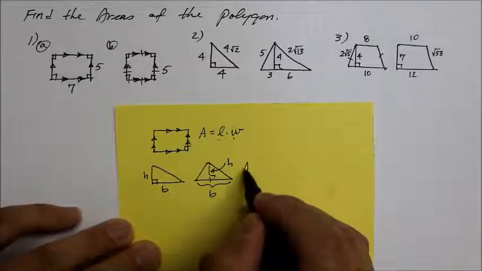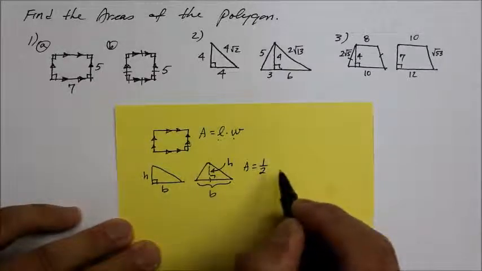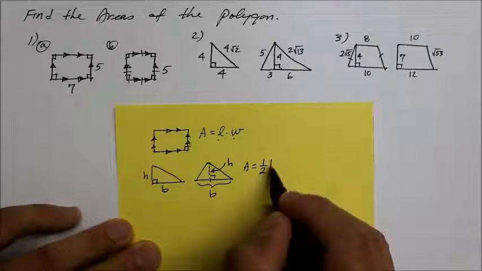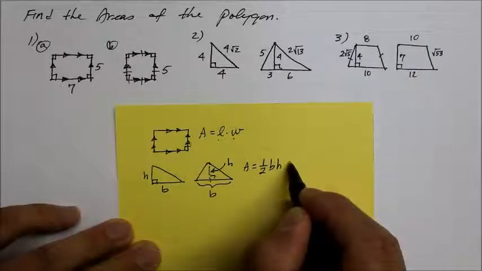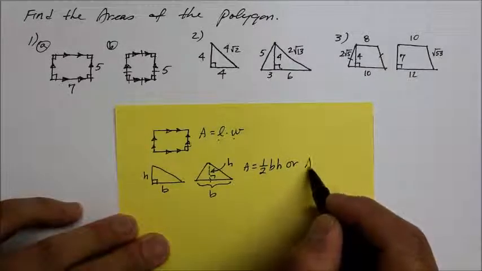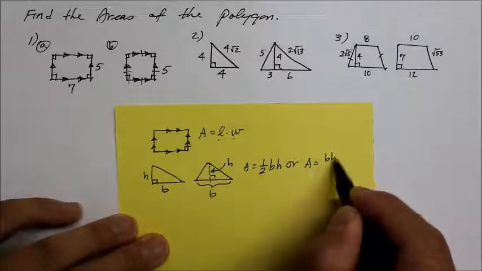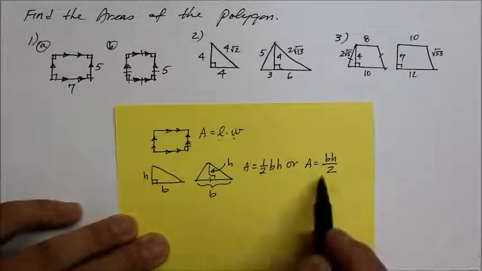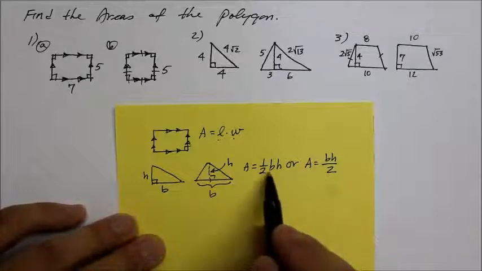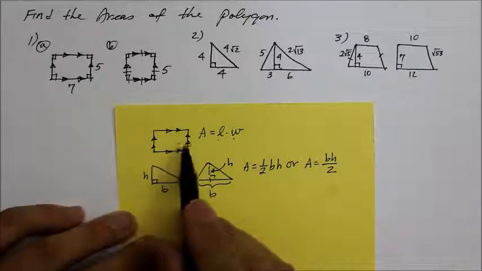Therefore, the area of a triangle is given as 1/2 times the base times the height. Or sometimes you could write that as area is equal to base times height divided by 2. Either way, it is half of a quadrilateral.